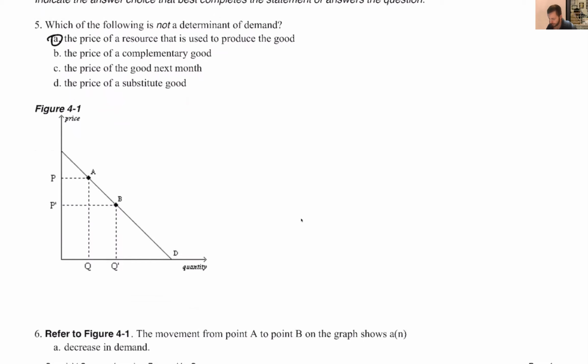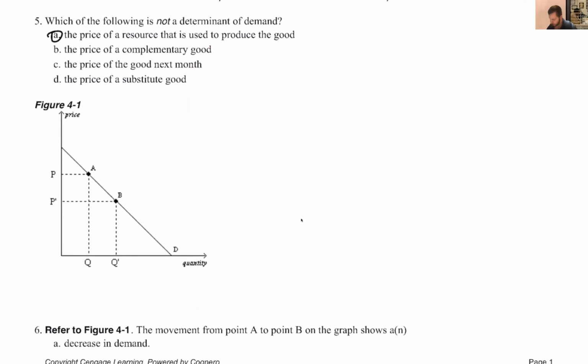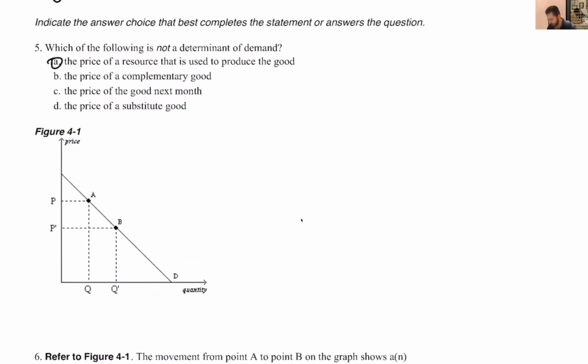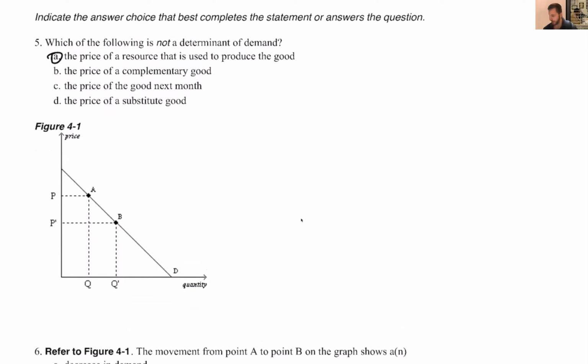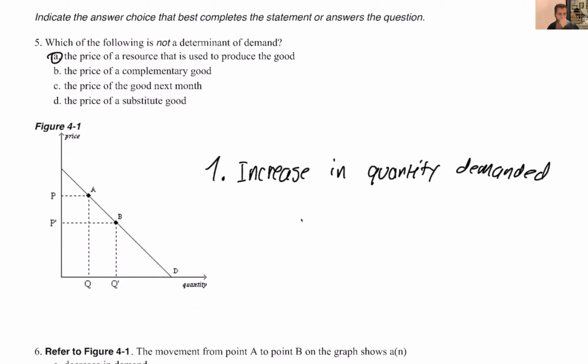Now let's look at number 6, the first analytical question. The movement from point A to B on the graph shows, and without even looking at the answer choices, you can see, firstly, what does A to B represent? It represents an increase in quantity demanded, and it is not an increase in demand.